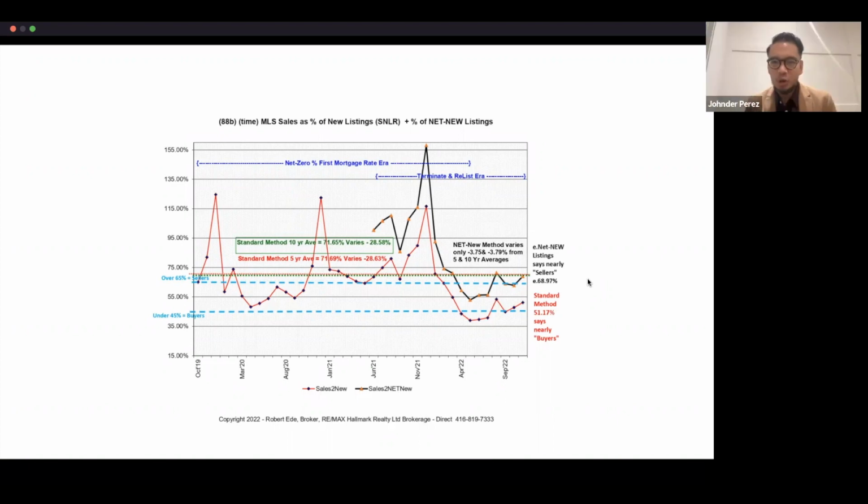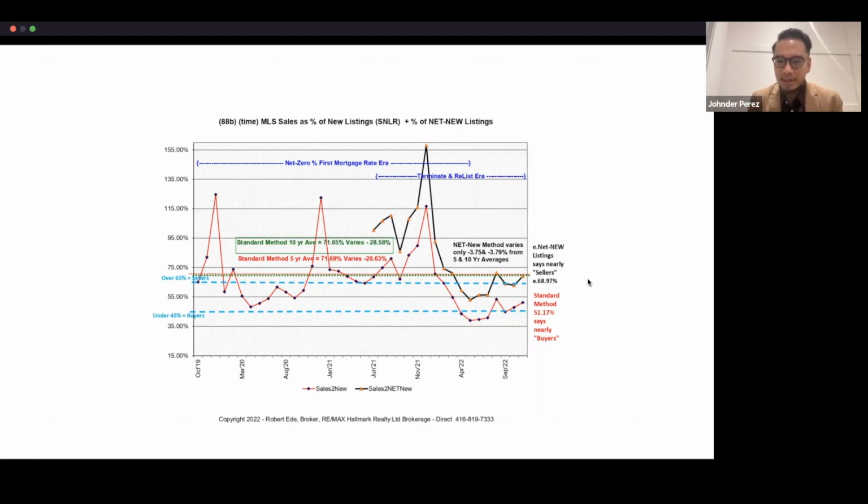And so the new terminology coined here on real estate chat is the sales to net new listings ratio, SNNLR. The point being here, and this could be the title of our show, is the fact that it is a seller's market if you crunch these numbers correctly. And so the perception out there, in spite of the interest rates rising affecting affordability, in spite of inventory hitting the market, and maybe the general public not feeling that there is a scarcity of listings, partly because it's costing more to buy the houses out there, the actual fact is we are still in a seller's market when you're looking at the correct calculations of these figures.